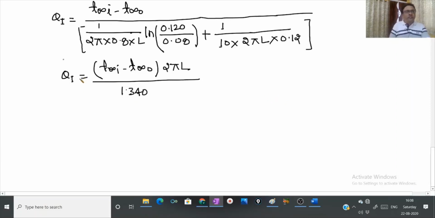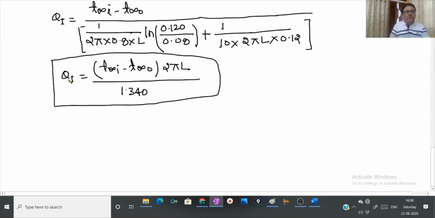So this way the value of Q1 comes out in this form of equation. Let's say this is equation number 2.